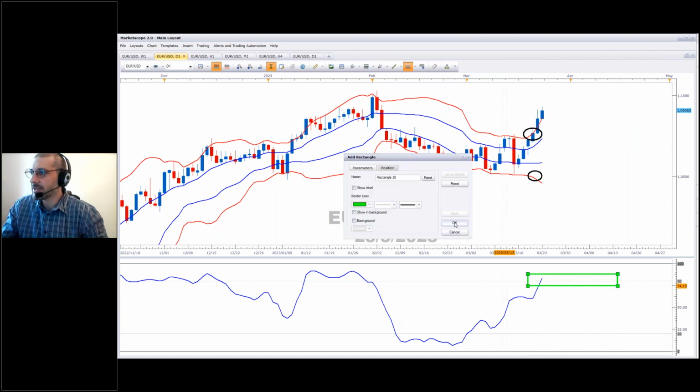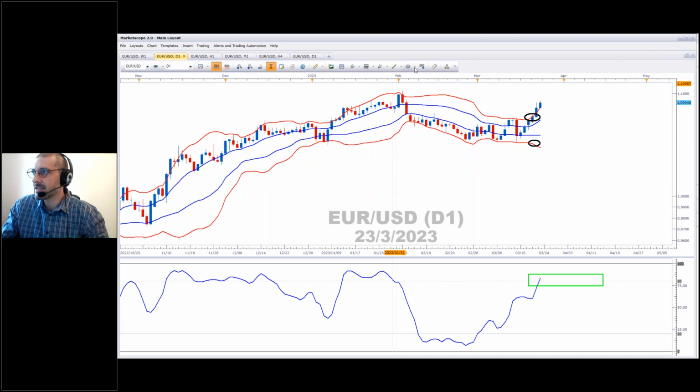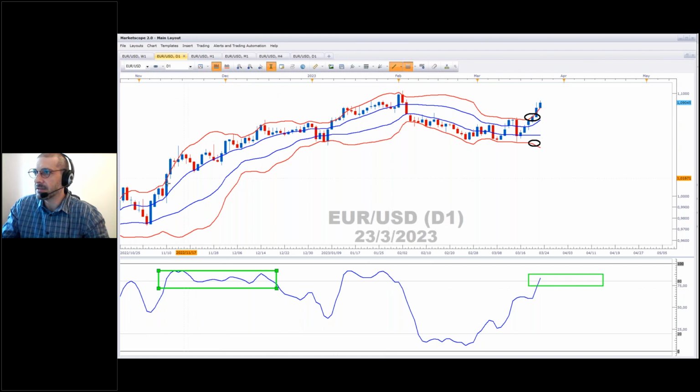So as long as we hold this upper quintile, the strength must go to euro US dollar. If we drop to the lower quintile, then the strength is waning. So on a daily chart, we just want to monitor the stochastic here. The longer it stays in this upper quintile, the higher the chances of further price appreciation, right?